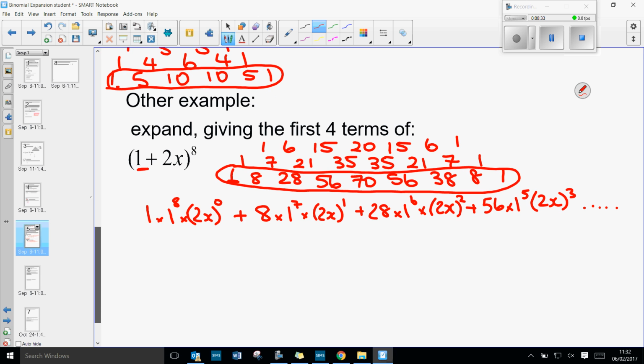So these terms are all equal to 1, so that's 1 plus 8 times 1 times 2x. 2x to the power 0 is 1. Plus 28 times 1 times 4x squared, plus 56 times 1 times 8x cubed.